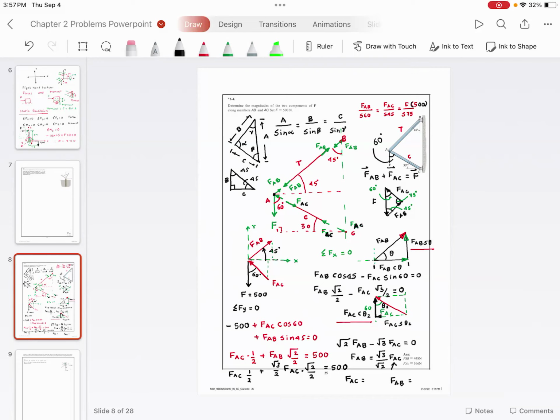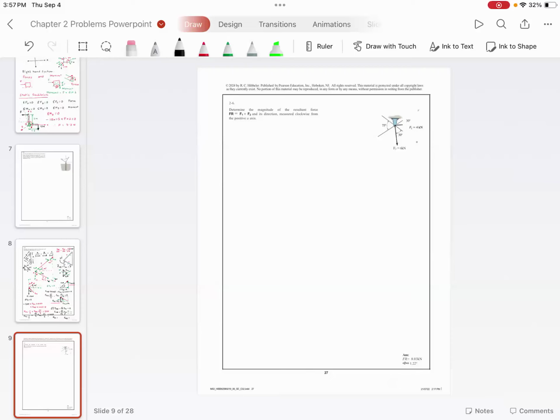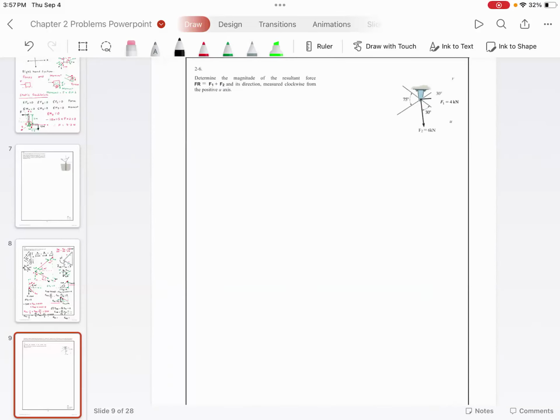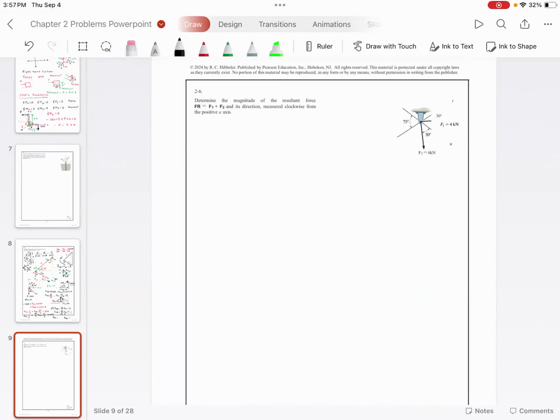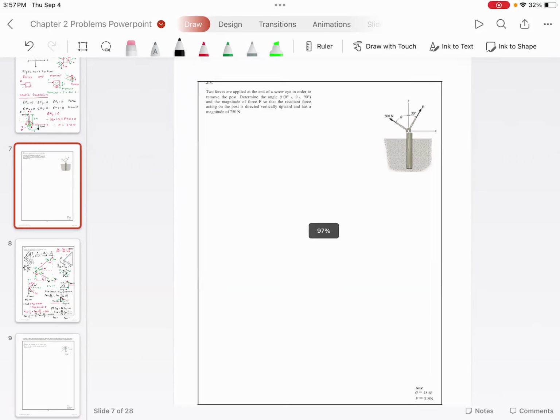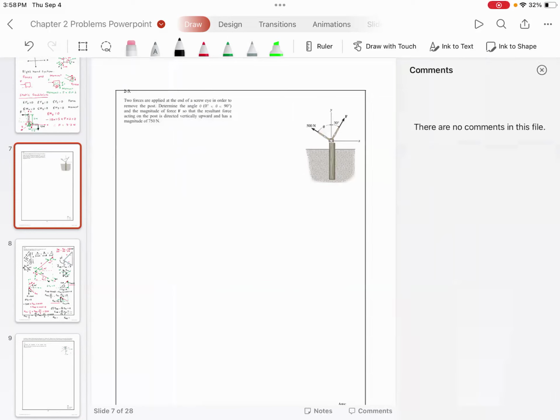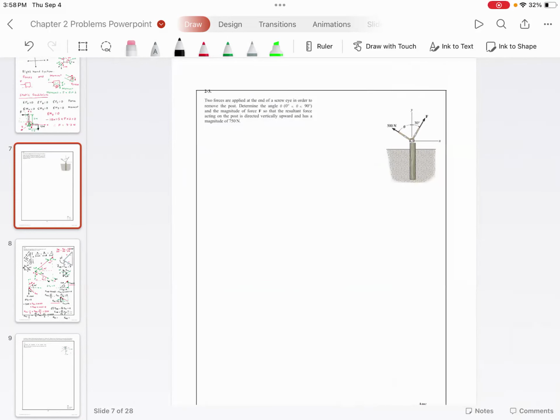Okay, with that, I want to assign you homework. I want to assign problem 2.3 as homework.